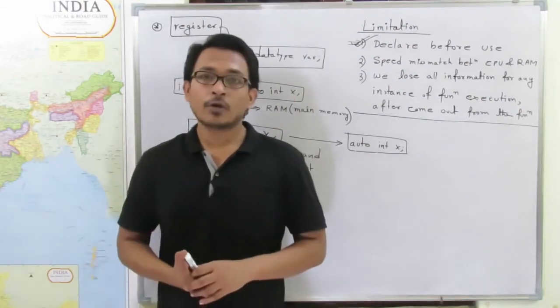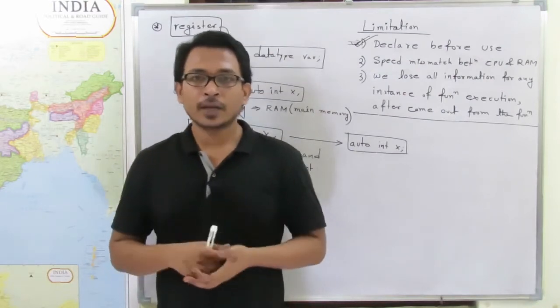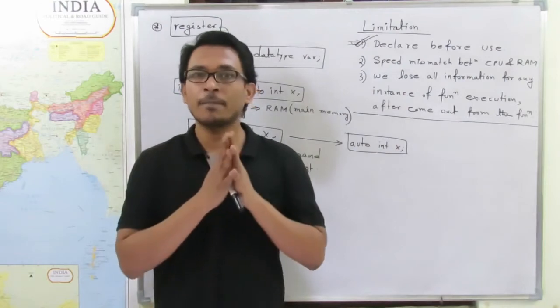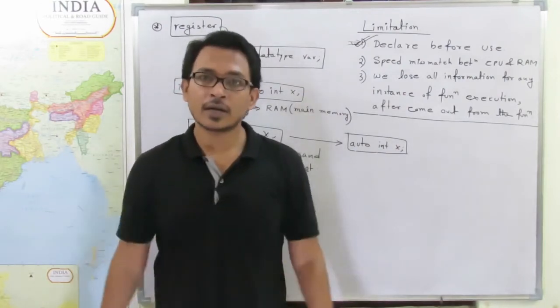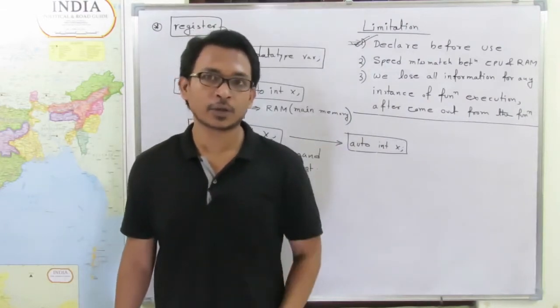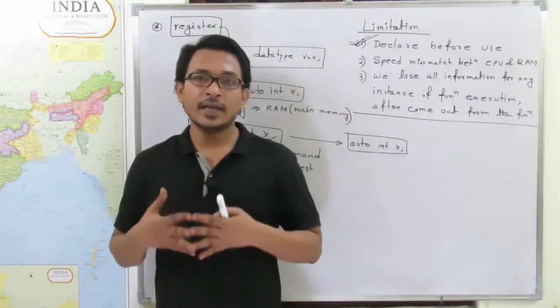Now, one more problem with the register storage class. If the memory is allocated from a register, we can't take input for such variables. Why? Because registers don't have any address.